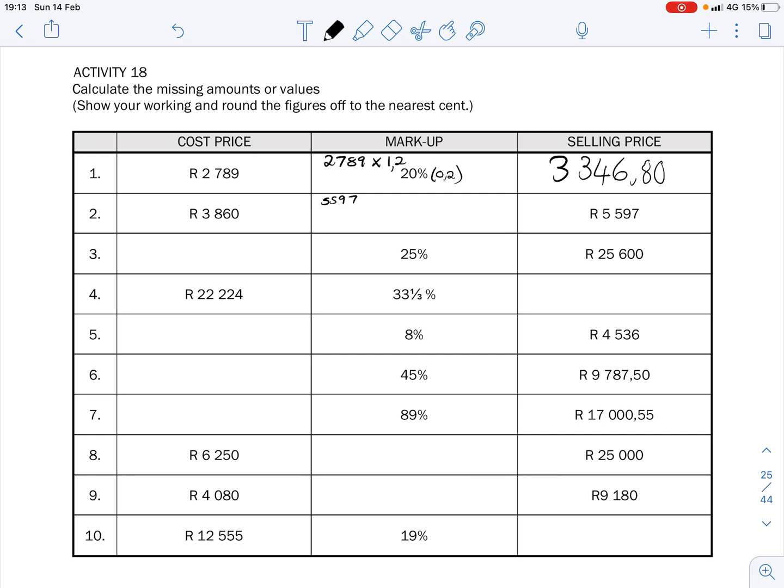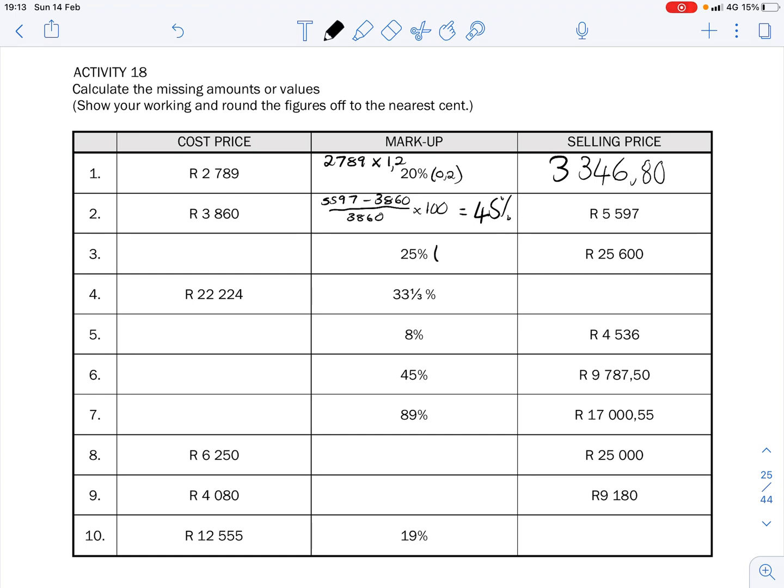So 5,597 minus 3860 over 3860, and you multiply that by 100 to get it to a percentage, and that should give us a 45% markup.